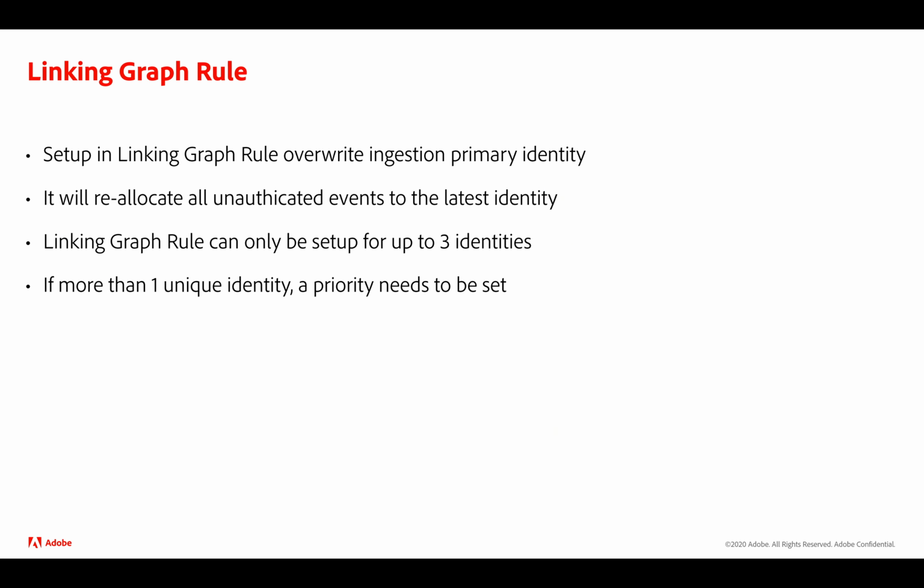So for that, what has been developed in Adobe Experience Platform is the linking graph rule. When you set up a linking graph rule, you define which identity you want to have as unique, and those cannot appear twice in the same profile.